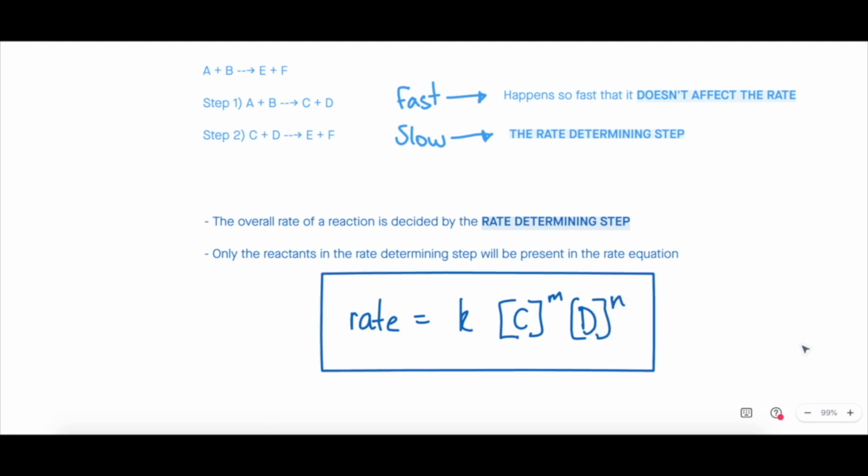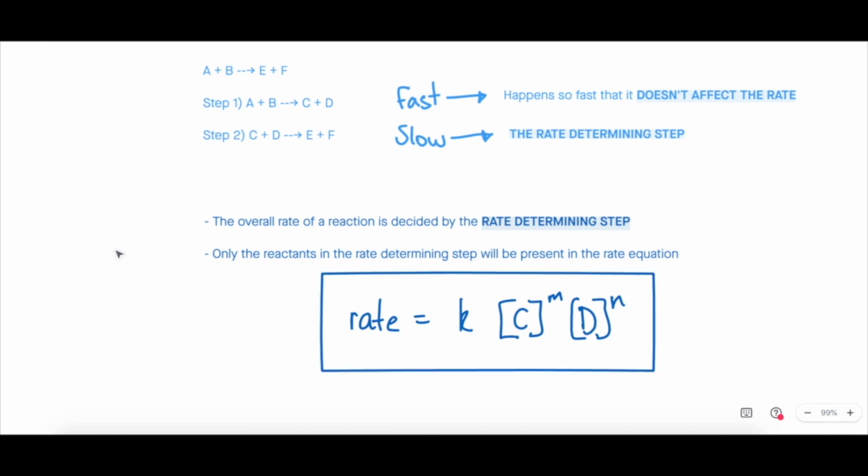So this is how it would look. Now to figure out what m and n are, you can use the numbers in front of each reactant in the balanced equation. So here, C has a 1 in front of it, D has a 1 in front of it, so C would be to the power of 1, and D would be to the power of 1.